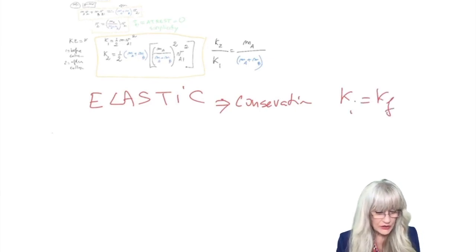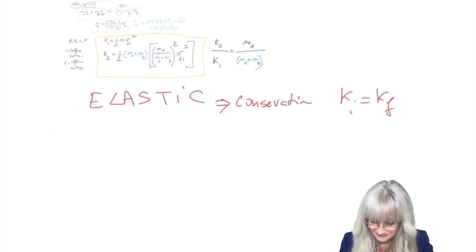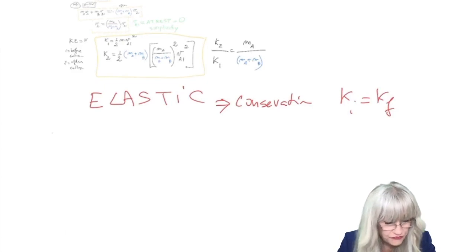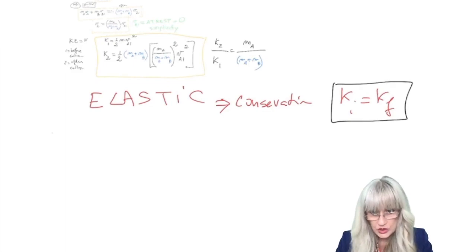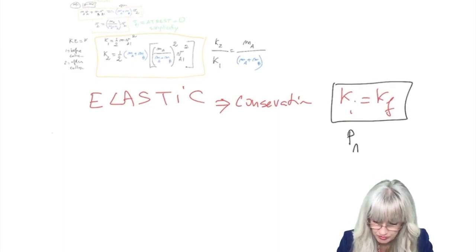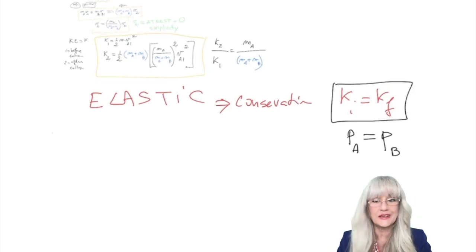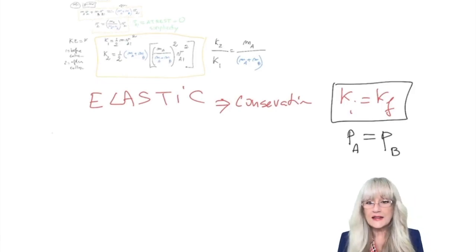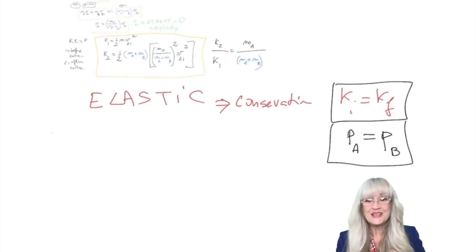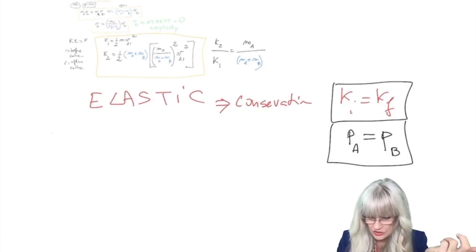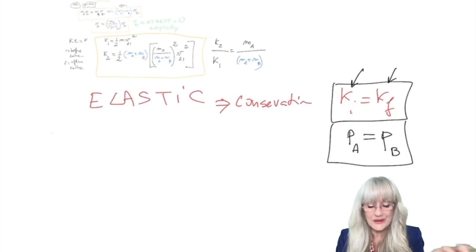So how do we treat this problem? First, if this happens, then also the momentum of object A must be equal to the momentum of object B. All right, let's spell this out. This is the condition. I've been repeating this many times. Conservation of energy means also the same momentum.